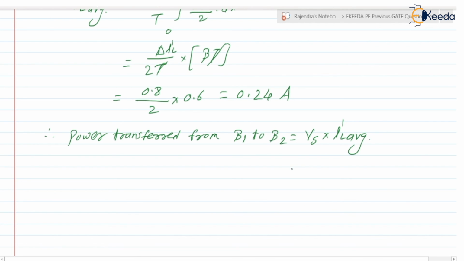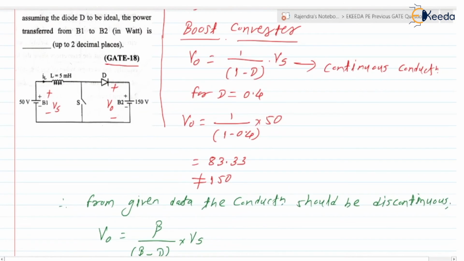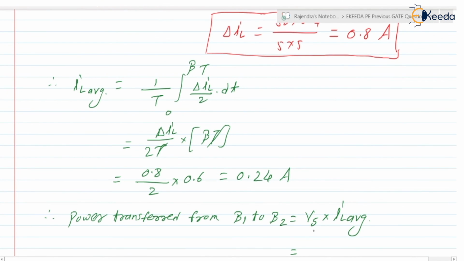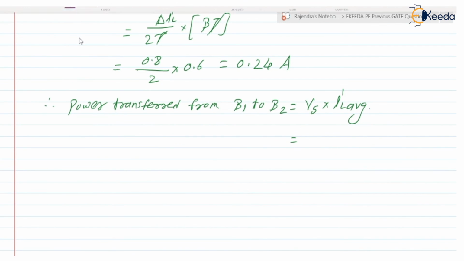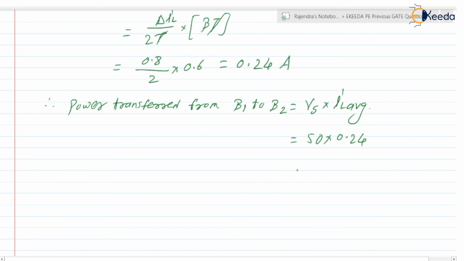IL average is nothing but the average value of the source current. What is the Vs? Vs is given, it is 50 volt. It is 50 into 0.24, which is equal to 12. Right? It is equal to 12 watt. So the final answer is 12 watt.